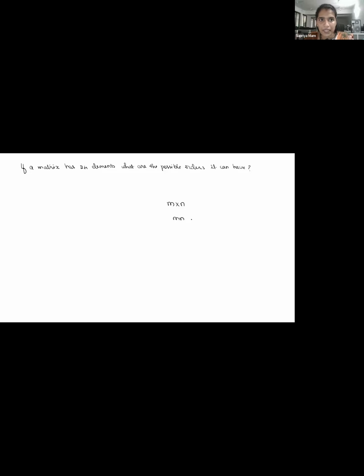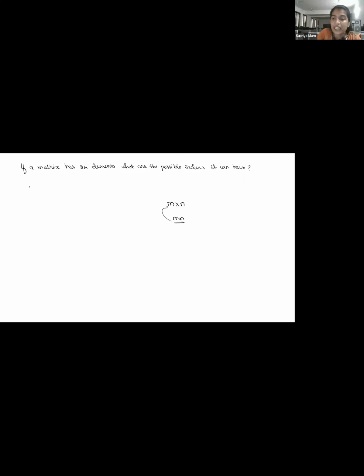We are given a matrix having 24 elements. Now the question is to identify the different possible orders it can have. How to identify? Identify all possible factors of 24, because number of entries is m into n. Use this concept.